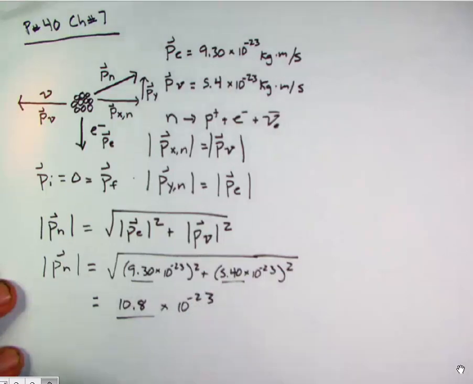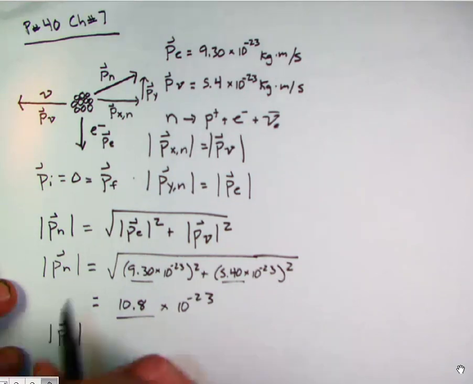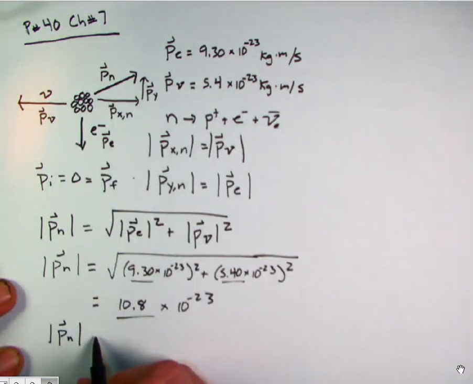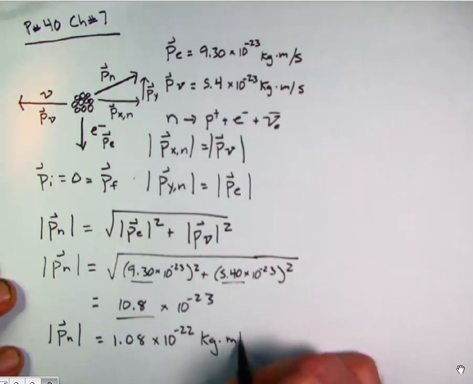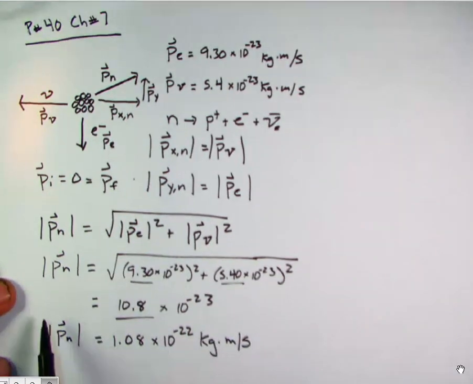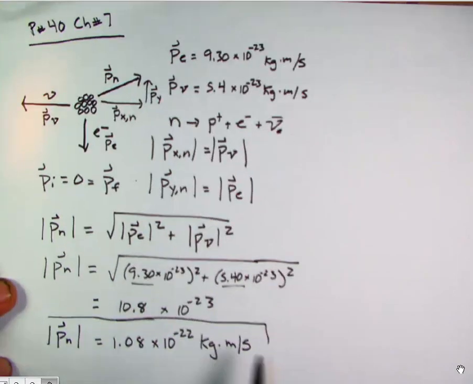So simplifying that, the overall magnitude of the nucleus's momentum would be 1.08 times 10 to the minus 22nd kilogram meters per second. Put a little box around that here.